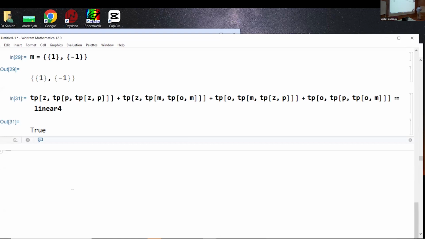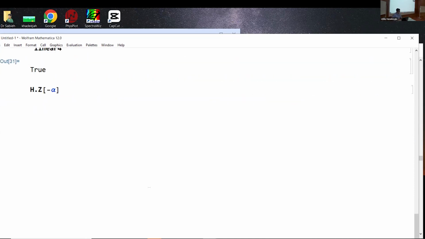Okay, let's try to do this on the first qubit. I need to apply a Z gate through minus alpha on the first qubit and a Hadamard gate on the first qubit, H Z minus alpha. But these are just single qubit gates, and I have 4 qubits, so I need to find a tensor product of this with identities for the other 3 qubits.